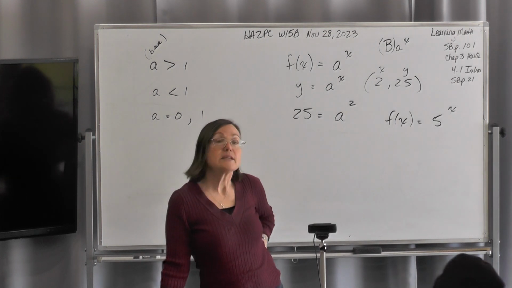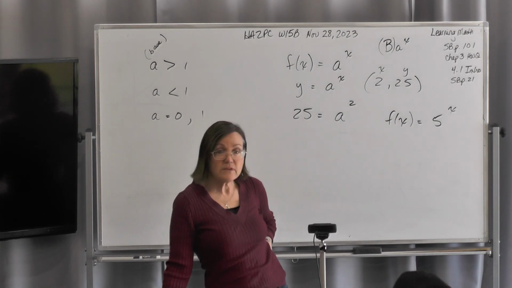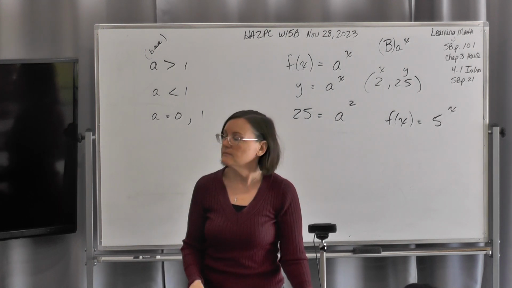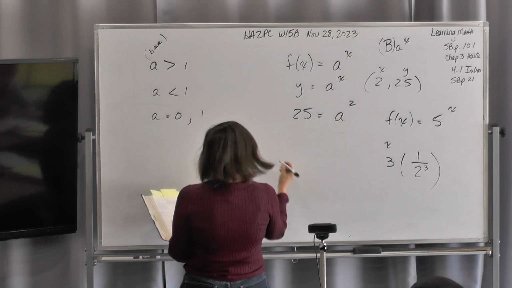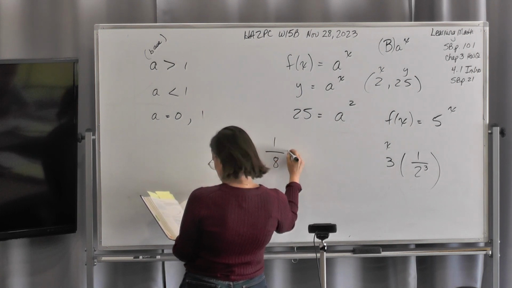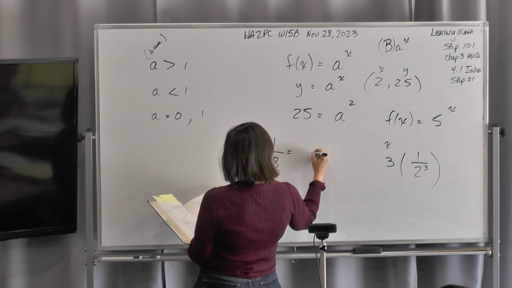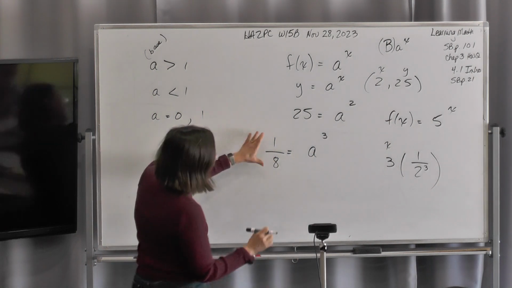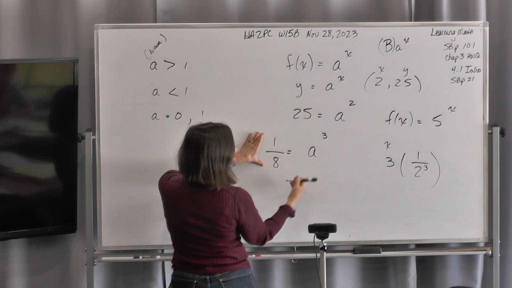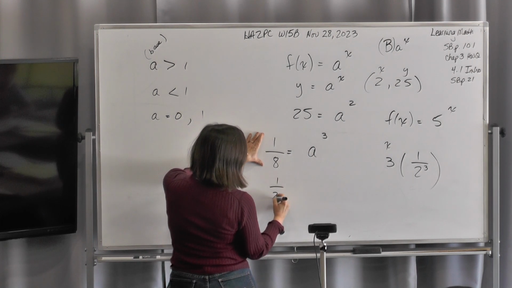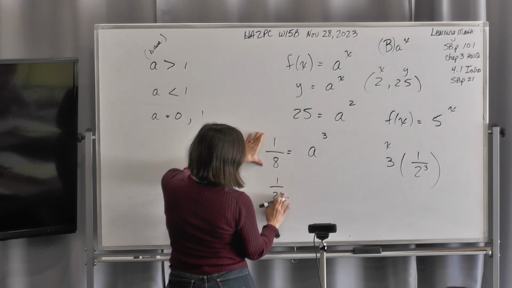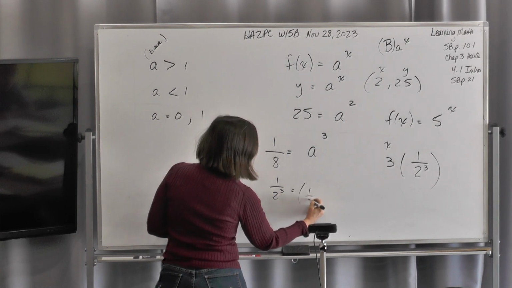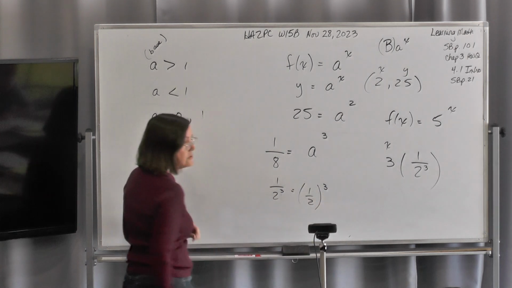Take a look at the second one, b. See if you can figure that out without looking at the solution. Same idea. We're solving for 1/8 is equal to a to the, oh, I see what you're saying. Here's what I would do: I would express this as 1 over 2 to the third, which is the same as (1/2) to the third.